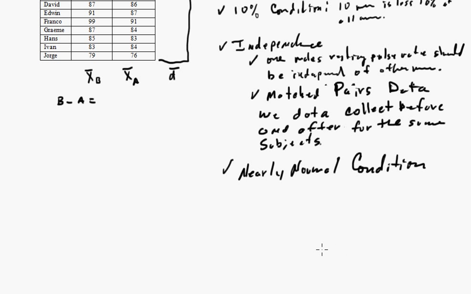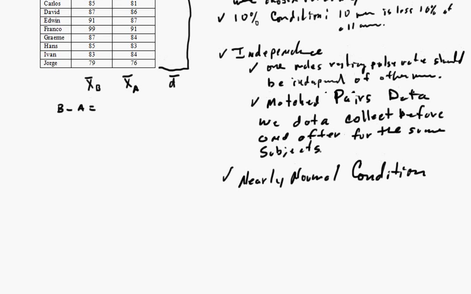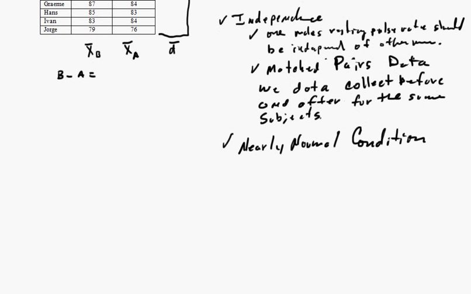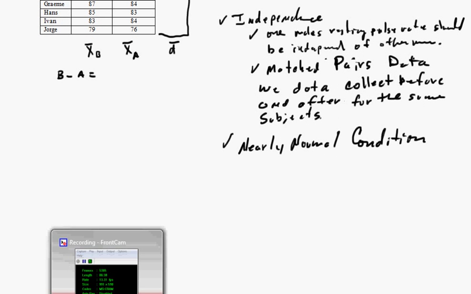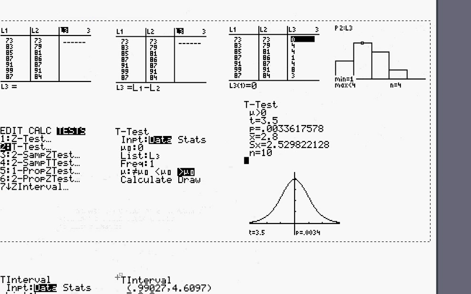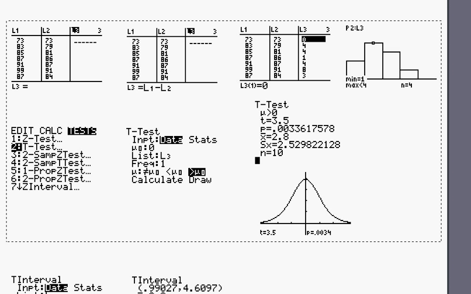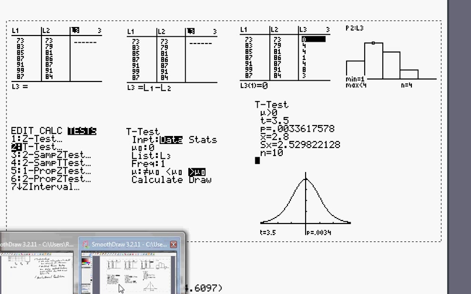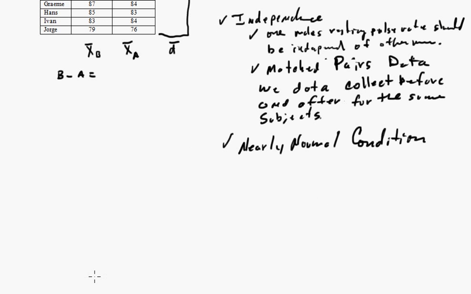So we need to have a histogram of these differences. Okay, so what I'm going to do is show you how I did that. I used the calculator. So let me just slide this over a little bit. Edit. Copy. Let's see if this will work. Let me see if I can paste this.